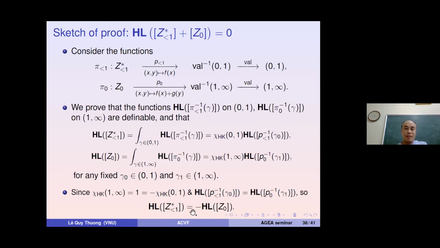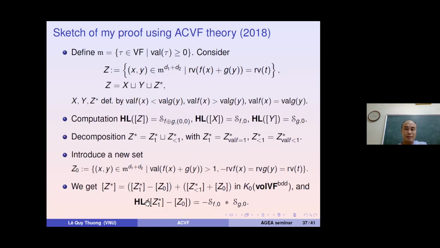And these equalities mean that the image under SL of this subset of these quantities is 0.